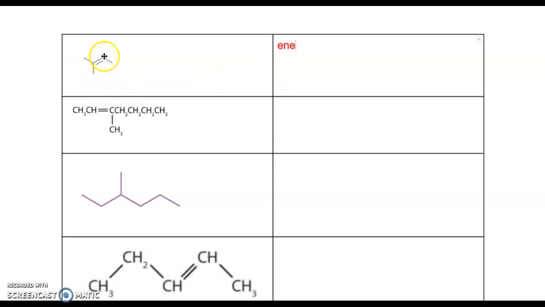So 4 carbons in your longest chain. So you write butene, right? And then you specify that your double bond is at the second carbon. 2, because 1, 2, or 1, 2.